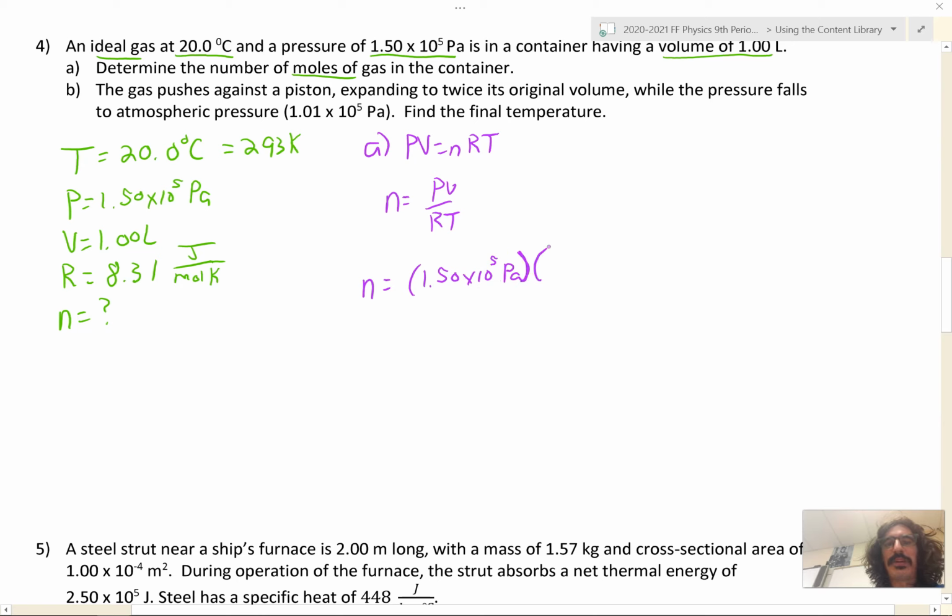I forgot to mention we also need to convert our volume to meters cubed. So 1 liter is 1.00 times 10 to the negative 3 meters cubed.